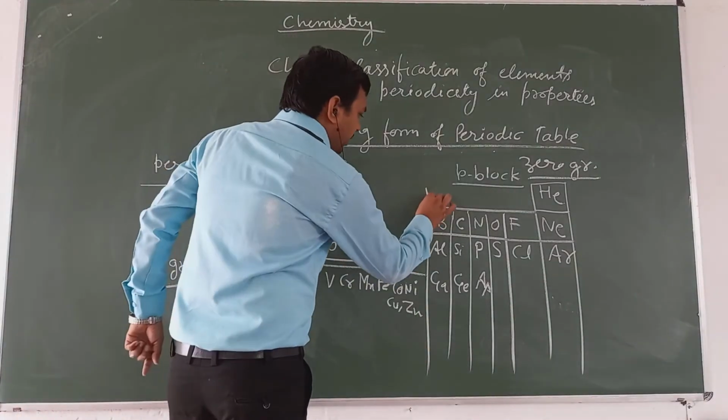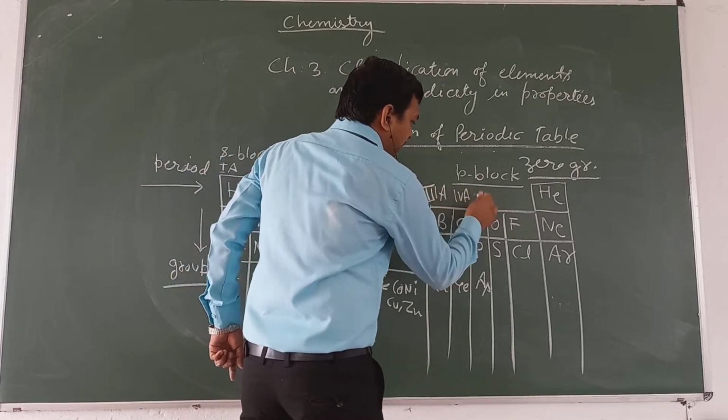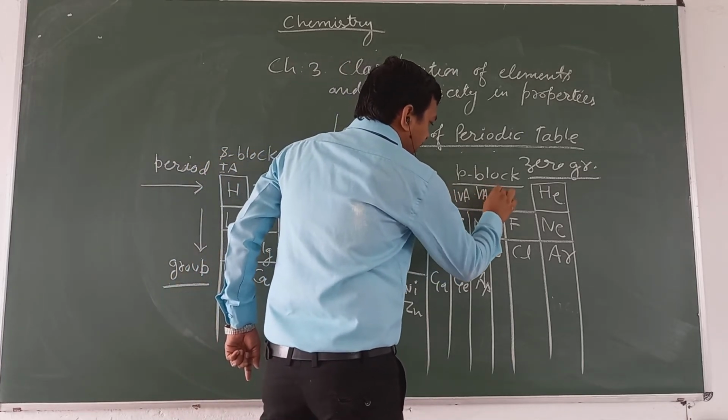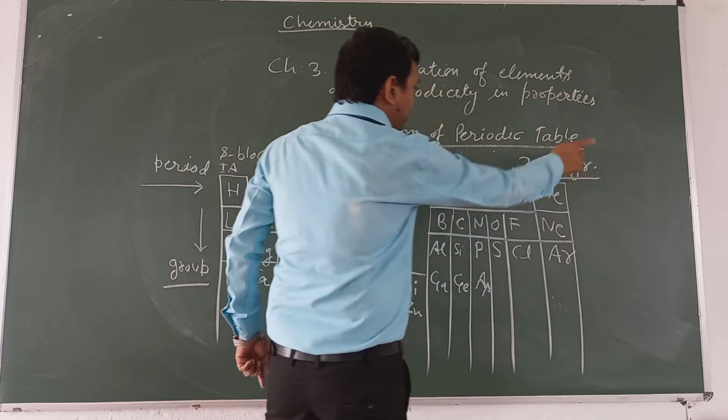So the s block is divided into two parts, first A and second A. Then here third A, fourth A, fifth A, sixth A, seventh A and zero group only.